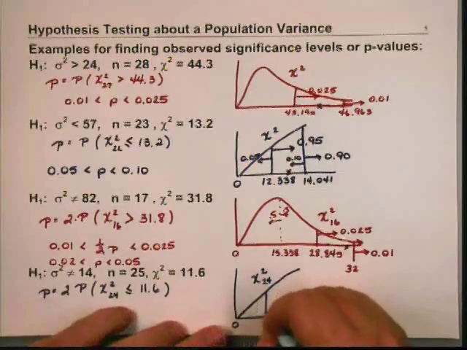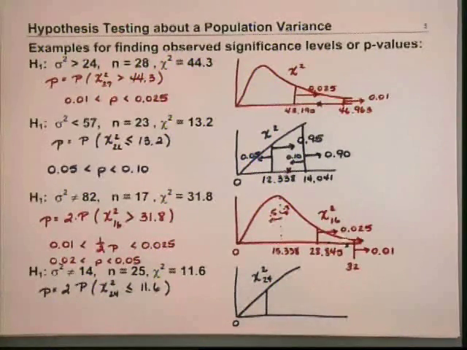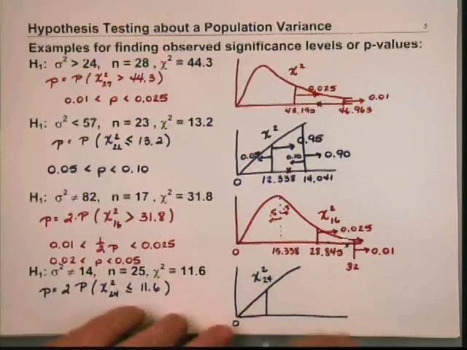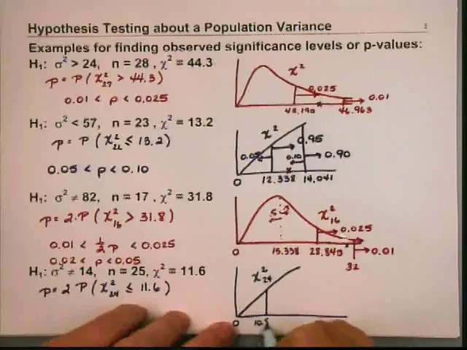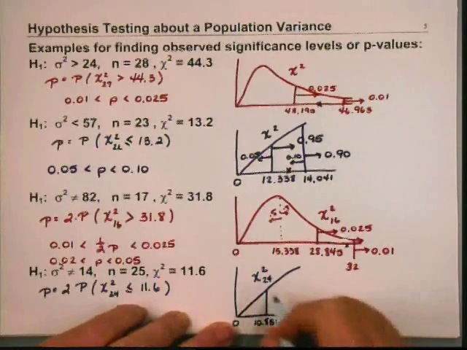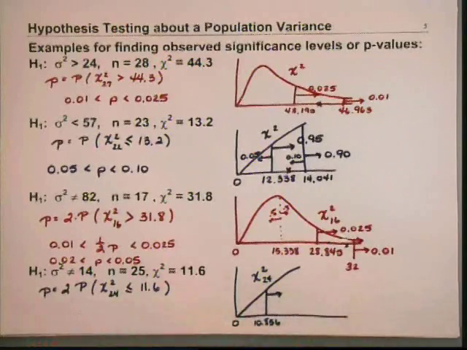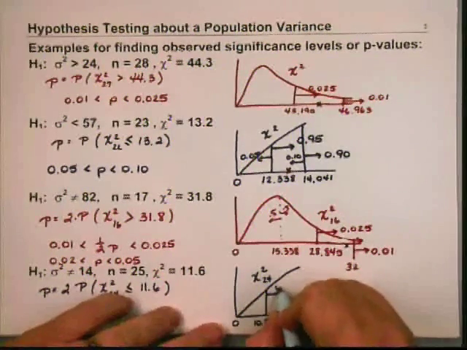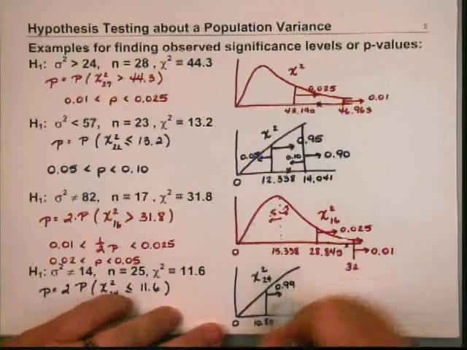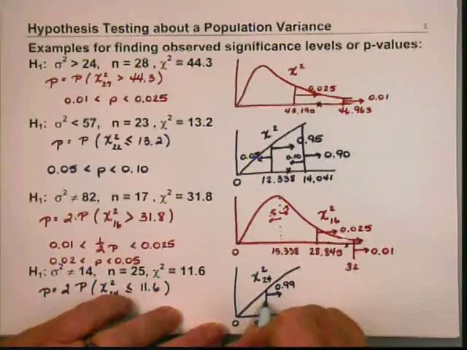So the first one we get, I have 10.856. Do you agree? It determines a right side area of 0.99. So that must mean the left area is 0.01.